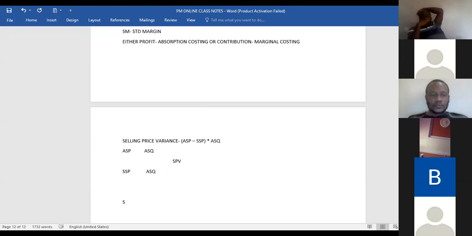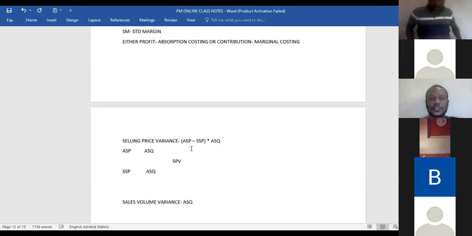Our volume variance, right? Yes. So our sales volume variance will look like this. We have actual sales quantity. Please just memorize this: sales variances will always start with the actual. For sales price, it will start with the actual sales price.